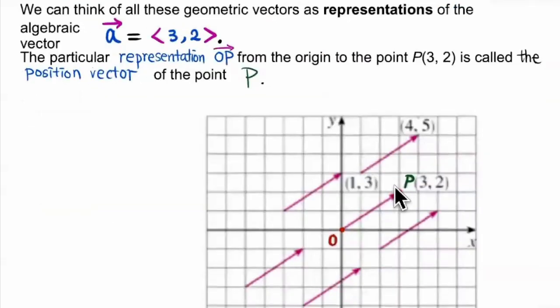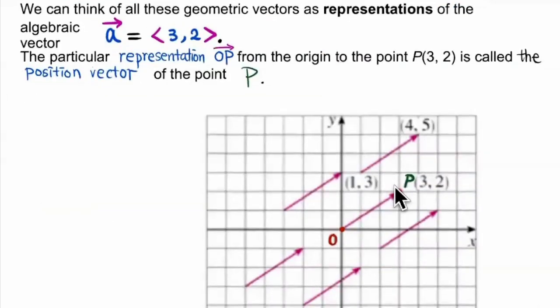You can just think about starting from the initial point, you go 3 units to the right and 2 units up, and then you have one representation of the vector 3, 2. All of them represent 3, 2.